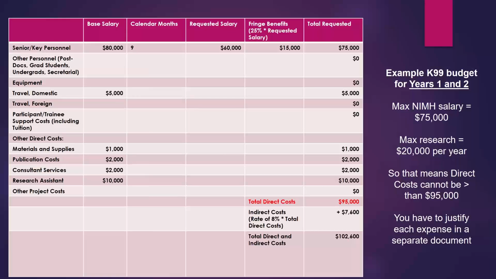That turns out to be $7,600. Then I add my directs plus my indirects to get my total direct and indirect costs. So even though direct costs can't be more than 95K, it's okay for the total cost in your budget to be more than that because you need to account for these indirects. The next step is justifying each expense in a separate document.